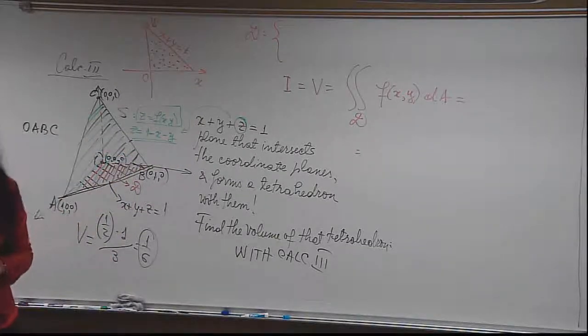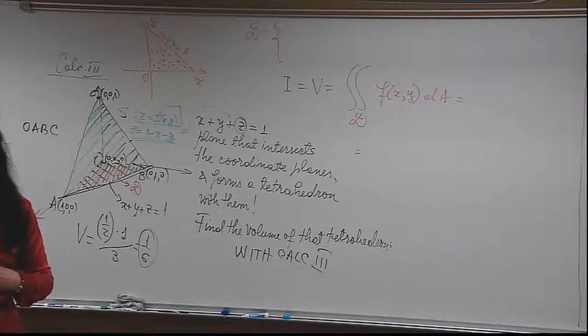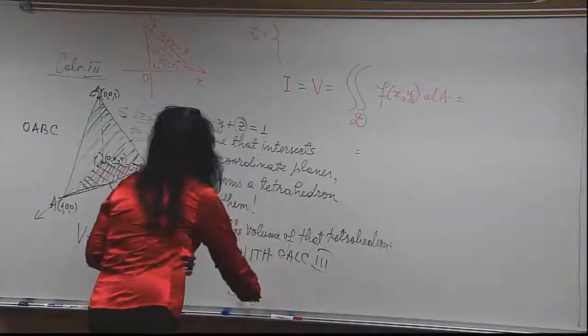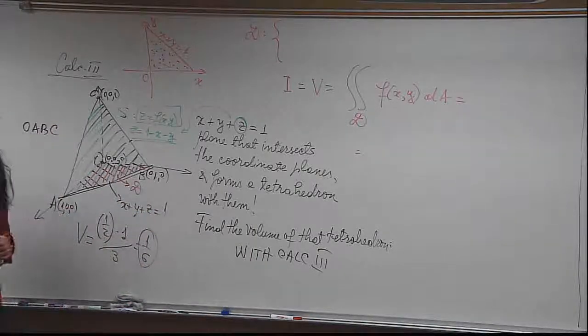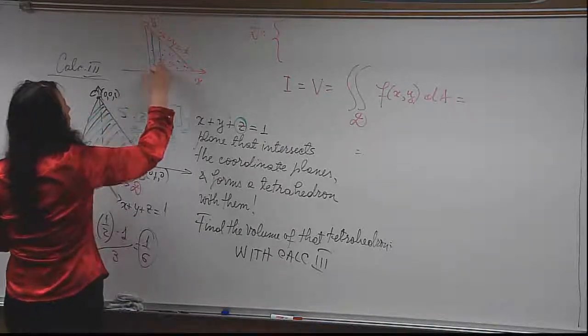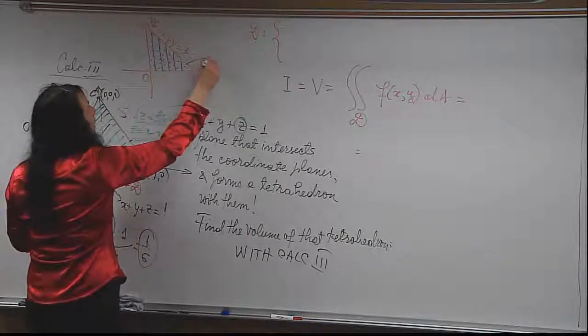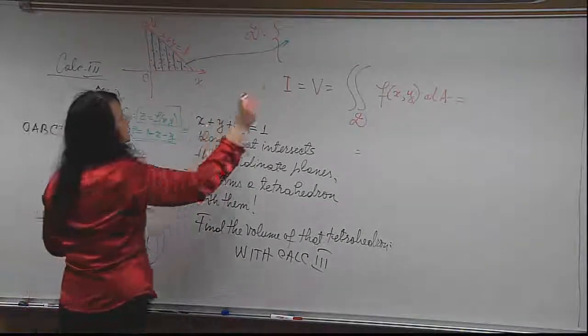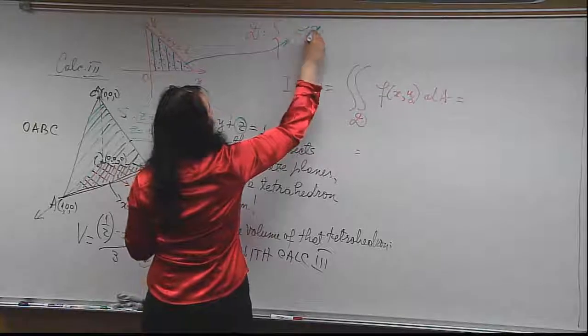So why don't I shade it? Because I'm not sure which one I want. Do I want vertical strips or horizontal strips? You're the boss, you tell me what I want. So, do you want vertical strips? Let's draw vertical strips. So how do I represent this domain from the vertical strips? X is between 0 and 1.